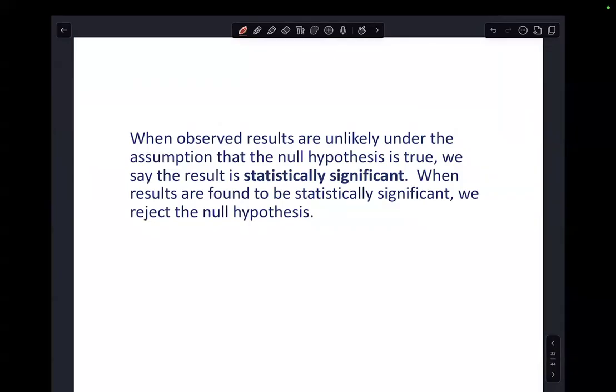If that probability is small enough to make it unusual, we call it statistically significant. So if I did all of the math and found out that there was only a 2% chance of getting that sample if the null hypothesis was actually true, that would be statistically significant, and I would have to reject the null hypothesis because it would be unusual to get a sample like that, given that the actual percent is 50%. Does that make sense? Okay, good.